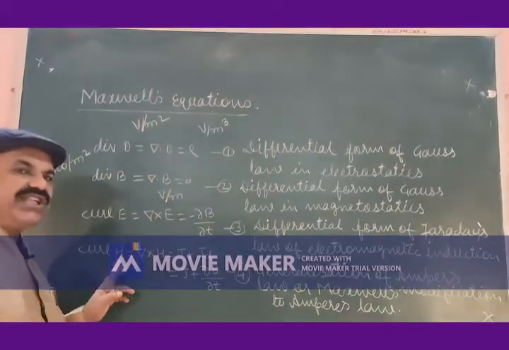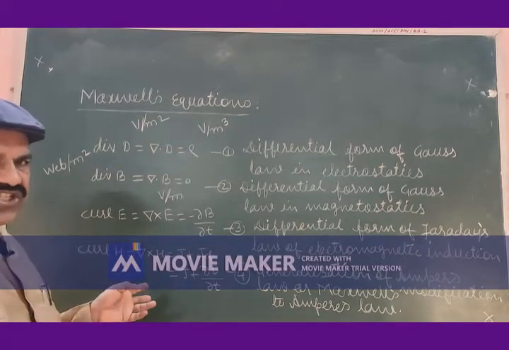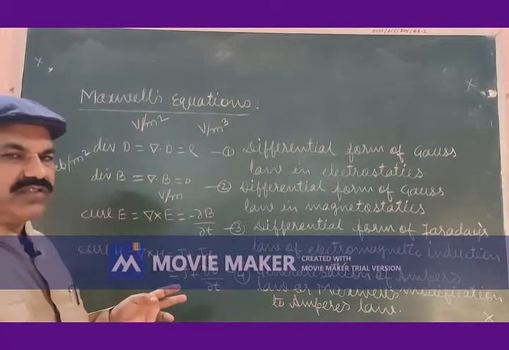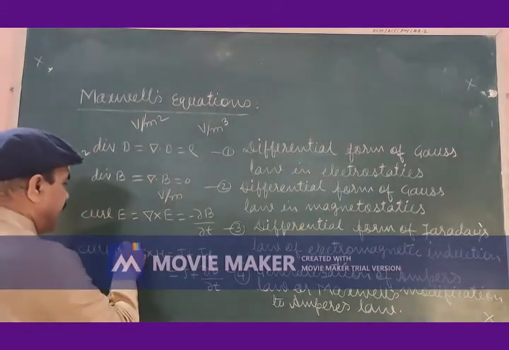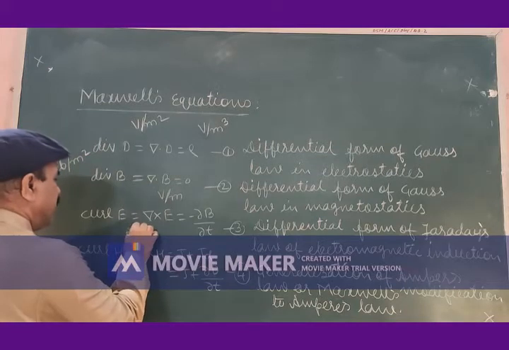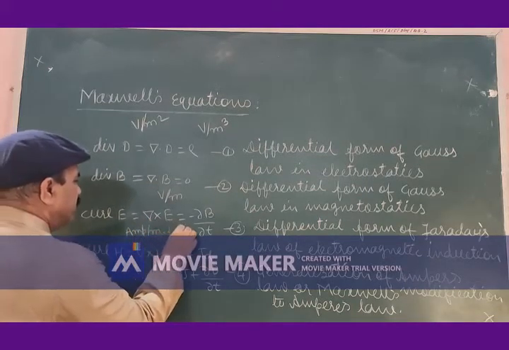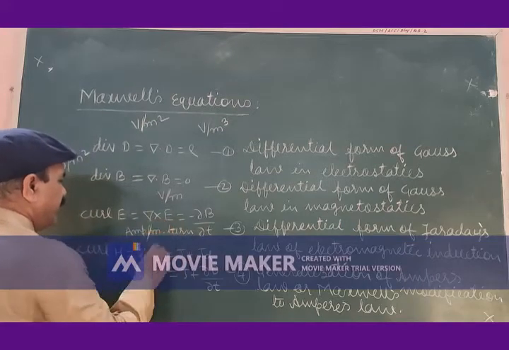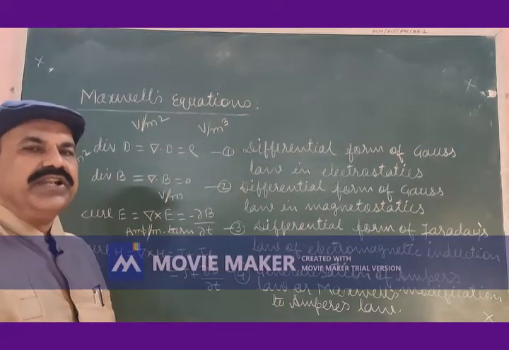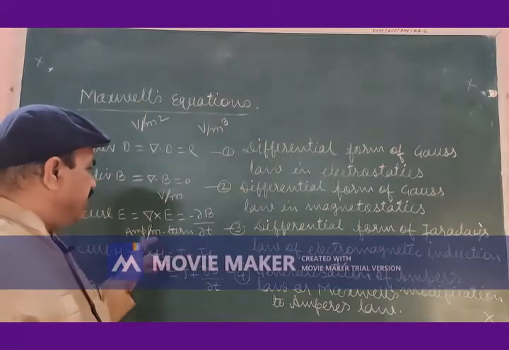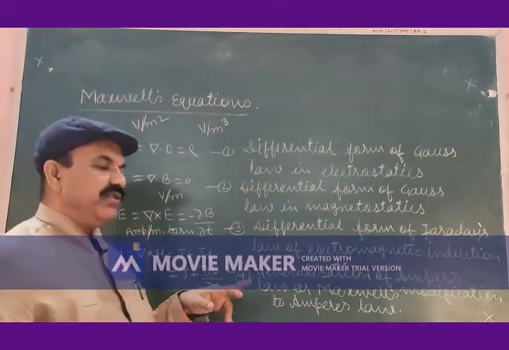H is intensity of magnetic field or magnetic field intensity, and this is measured in ampere per meter turn. Okay.